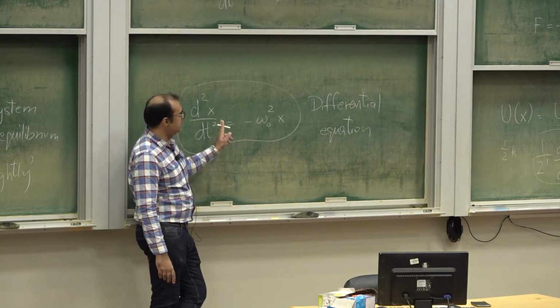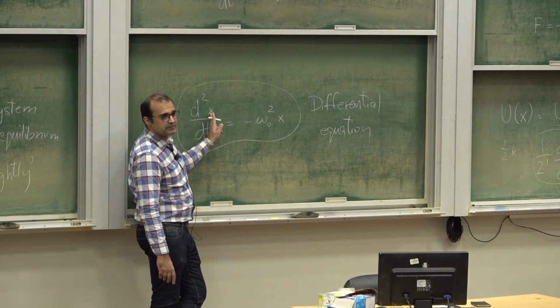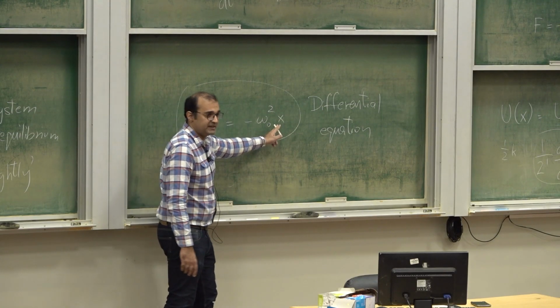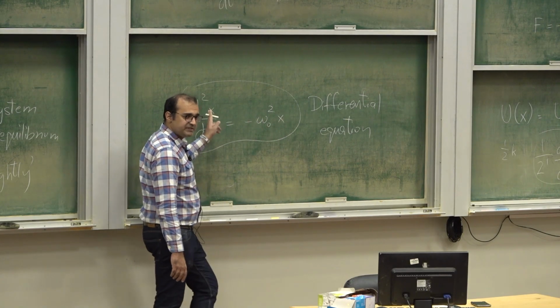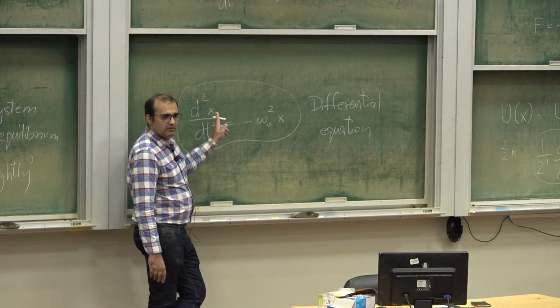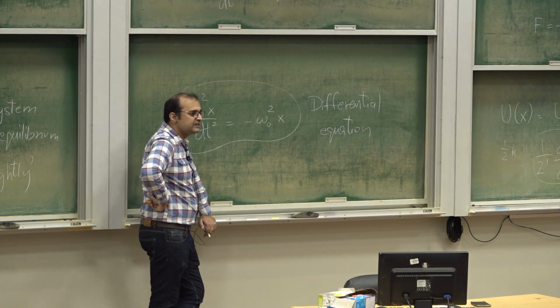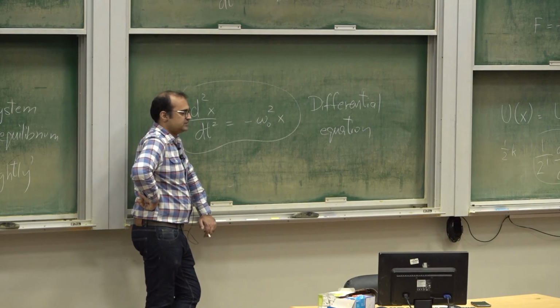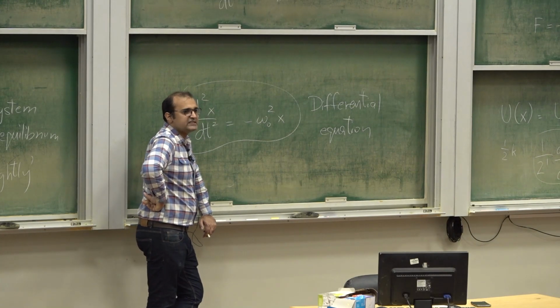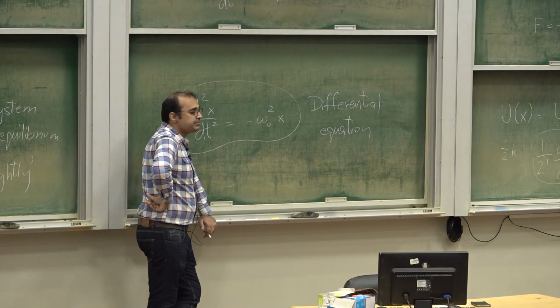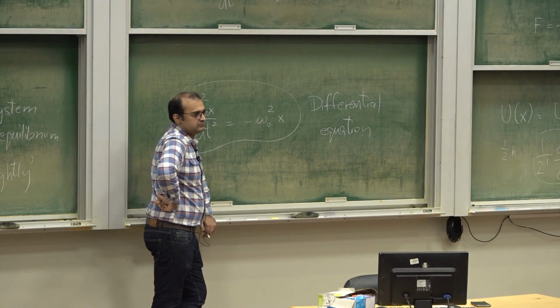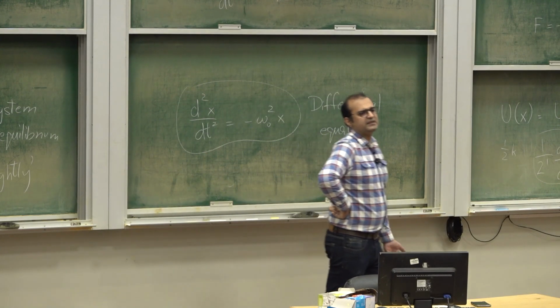Here you have to find x, and x is stuck inside a double derivative. So any equation in which the thing that you want is trapped inside the derivative is a differential equation. This is known as a second order differential equation simply because it's trapped inside a double derivative.